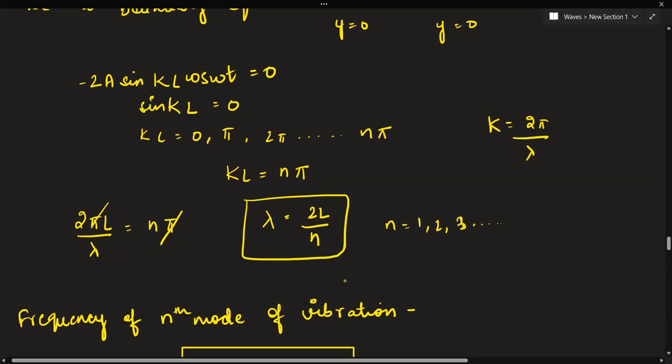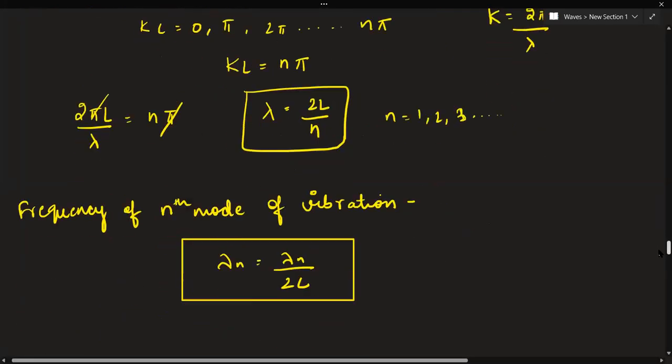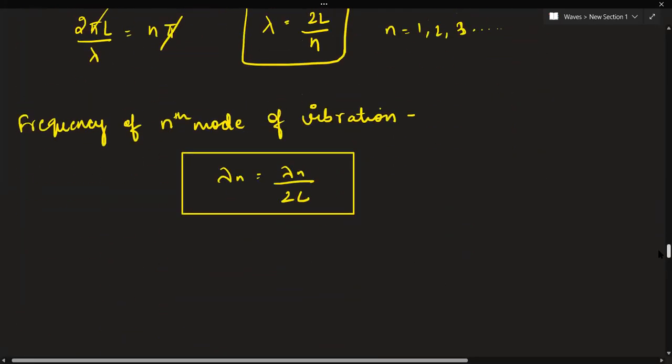And if I take it for the second mode of vibration, then lambda will be equal to L, because 2 will get cancelled. So in general, if we have to write the frequency of the nth mode of vibration, this was the wavelength.